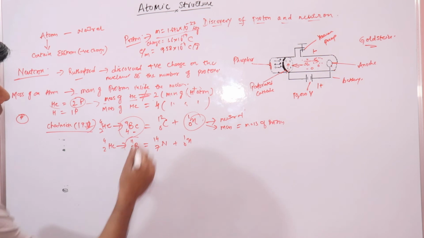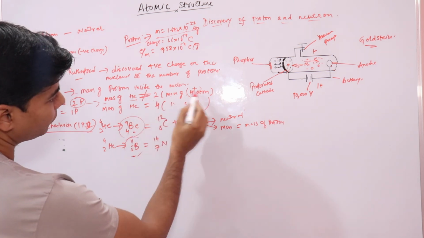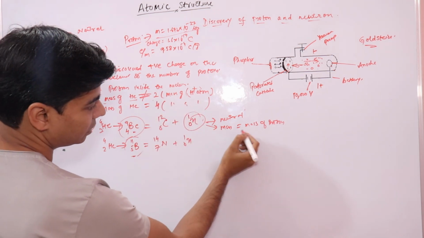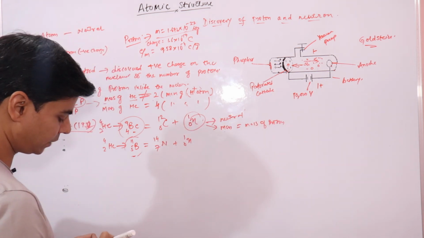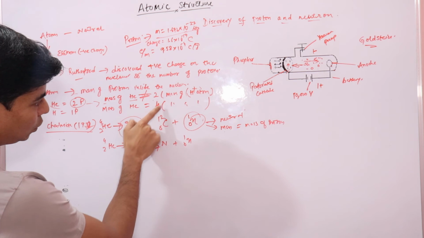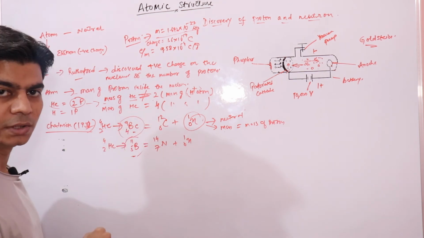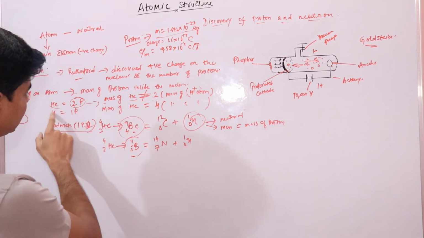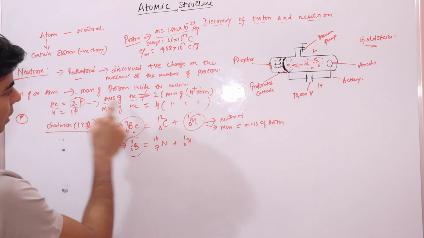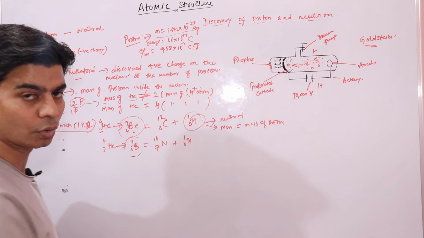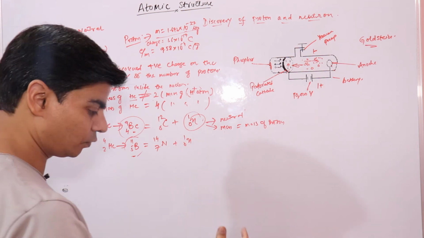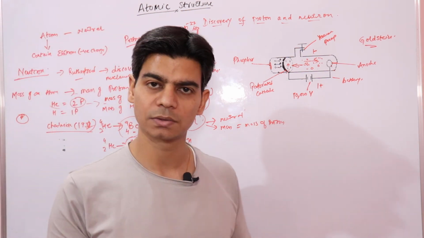If you look at this, we said that the mass of these particles is equal to the mass of protons. That is why it's actually 4 times. But since at this time we did not know about neutrons, we were calculating the mass of helium to be twice that of a proton. So what is this missing 2 units?